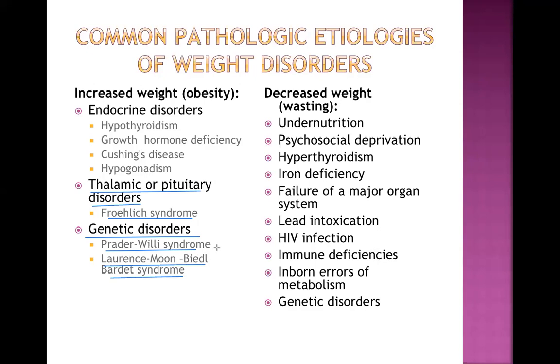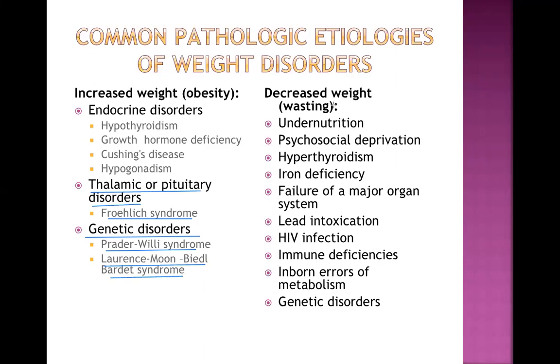Prader-Willi syndrome is characterized by obesity, a bit of mental retardation, and hypogonadism once again. And Lawrence Moon Biedl Bardet syndrome is associated with blindness and obesity. Again some problem with hypogonadism may occur there.